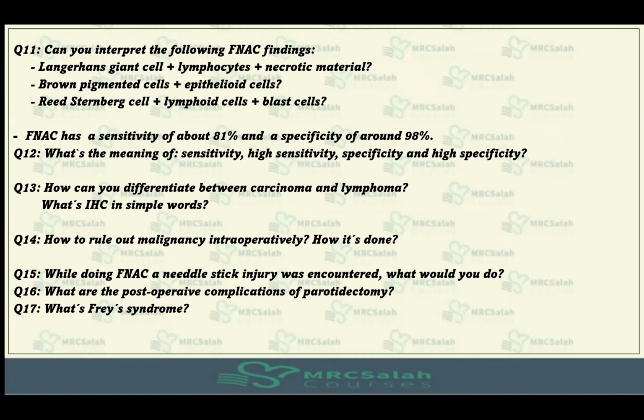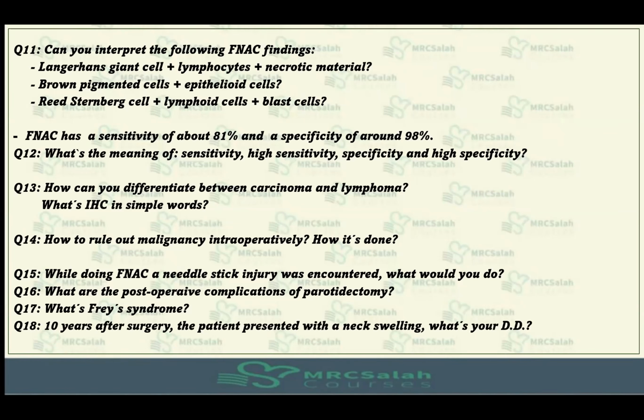Okay. Great. So the patient, 10 years after surgery, presented with a neck swelling. What could be your differential diagnosis? Recurrence of disease, lymphoma, mucoepidermoid carcinoma, or lymph node enlargement, lymph node reaction, infection.